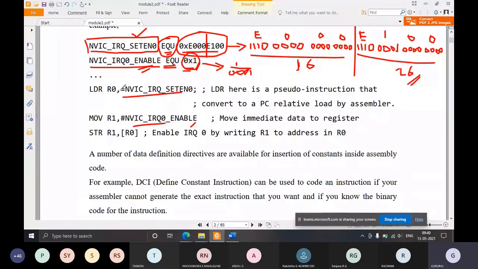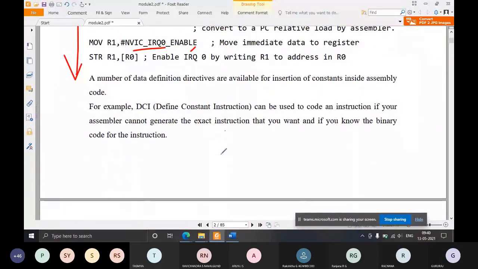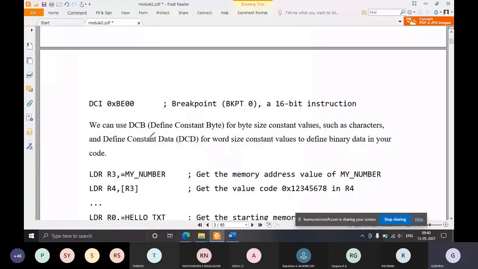So that is the use of the constants. Because they are used on a regular basis in the program, they are declared as constants, and you can use the constants in that particular program.